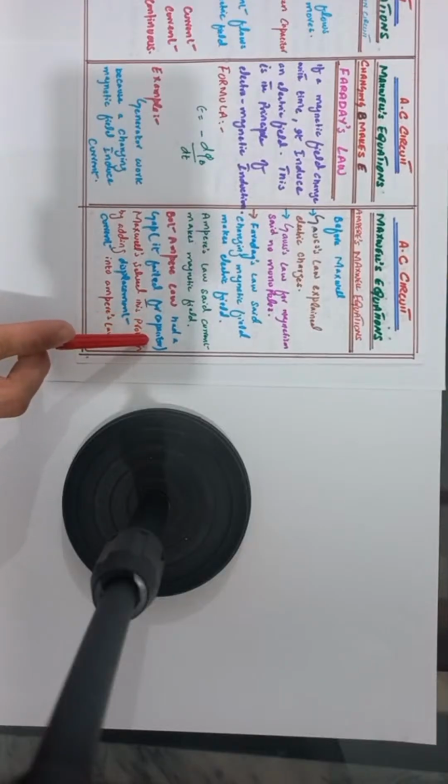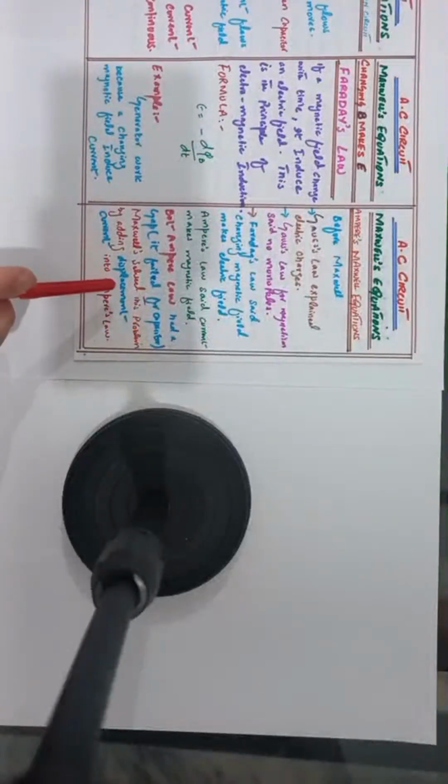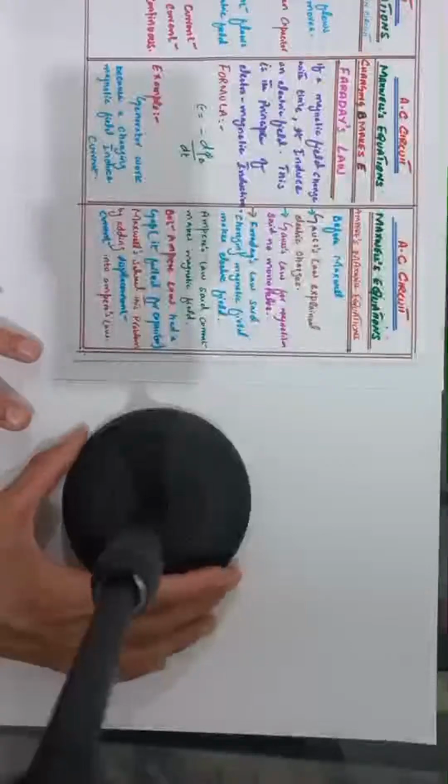It does not explain how current flows between the capacitor plates if insulation is present between them. So Maxwell solved this problem by adding the displacement current into Ampere's law. And that is all we discuss about it.